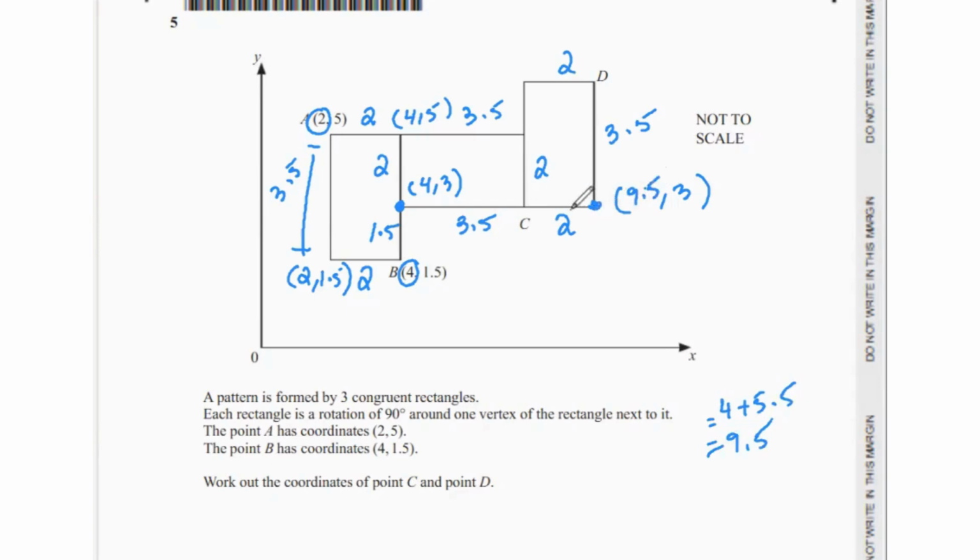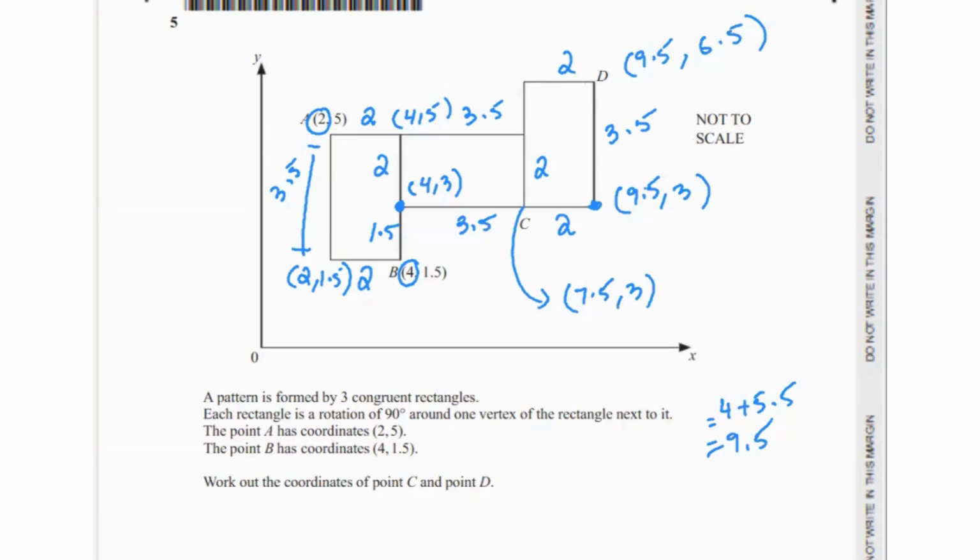So 2 units back, C is going to be 7.5 and 3. And for D, the x value is going to be 9.5 because that's vertically above this one. And for the y value, from y equals 3, we're moving up 3.5 places. So that's going to be 6.5.